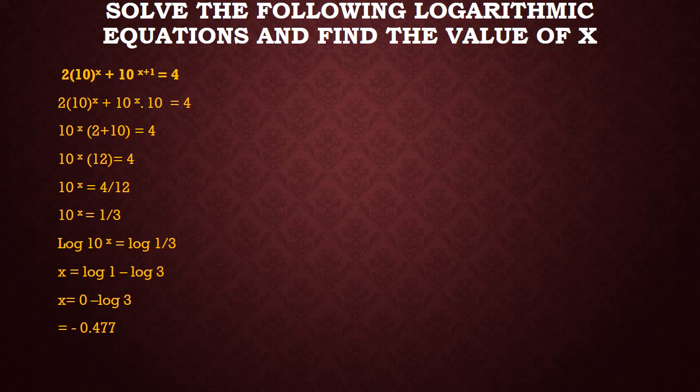So 10 to the x is equal to 1 over 3. Taking log on both sides, you get log base 10 of 10 raised to the power x is equal to log of 1 over 3, and so x is equal to log 1 minus log 3, and x is equal to 0 minus log 3, which is equal to minus 0.477.